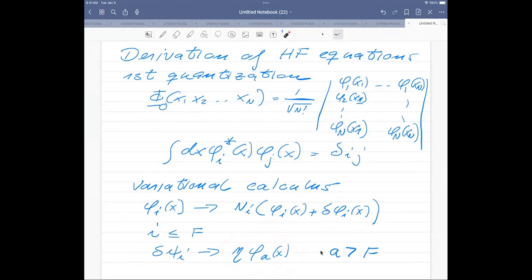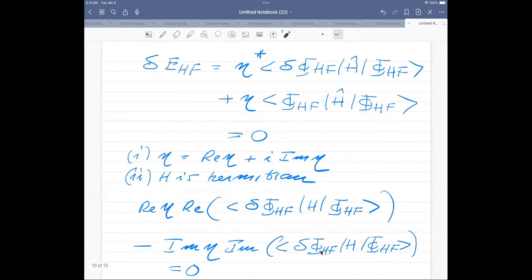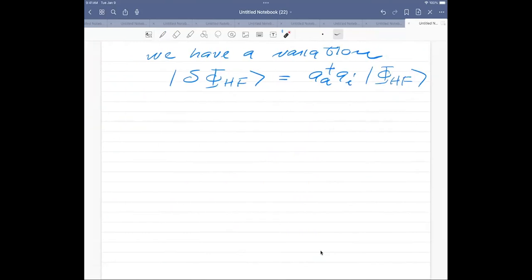Now we're going to mix in something which is given by a state above the Fermi level. These are just ansatz for the type of variation we are going to make. So we can assume a small variation, given by this term here, with a parameter eta. That would be the variation which we are setting up in second quantization.